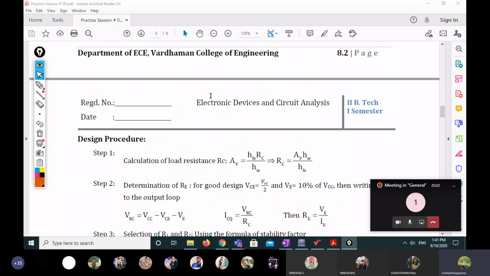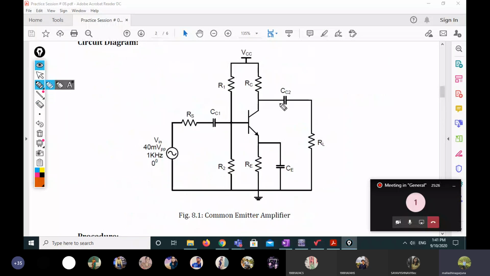Okay, this is the circuit now. If you write the KVL to this, what is the voltage drop across this? This is VRC. Okay, so from here to here, this is VCE, and this is VE.